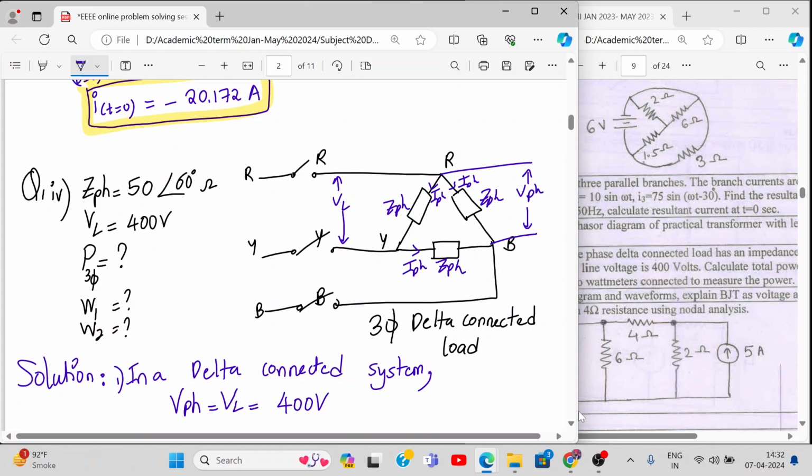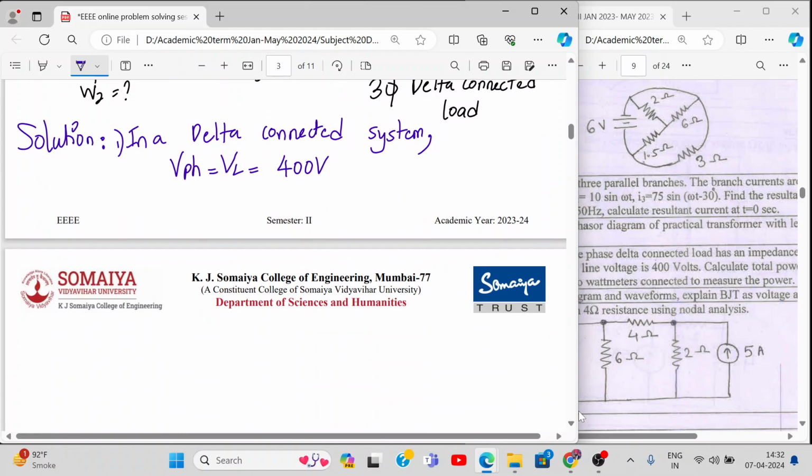Now, in the next step, my I phase will be given by V phase upon Z phase. Actually V is equal to I into R in DC circuits. In AC circuits we have V is equal to I into Z, especially in three phase. So I will be V by Z, correct?